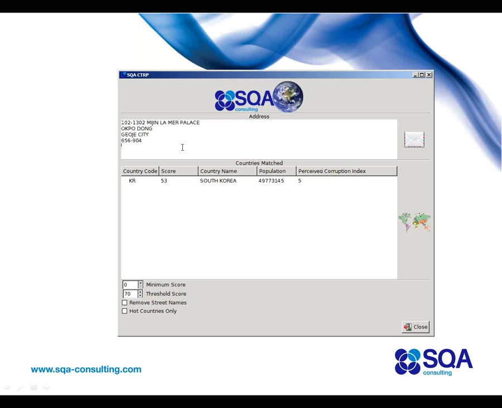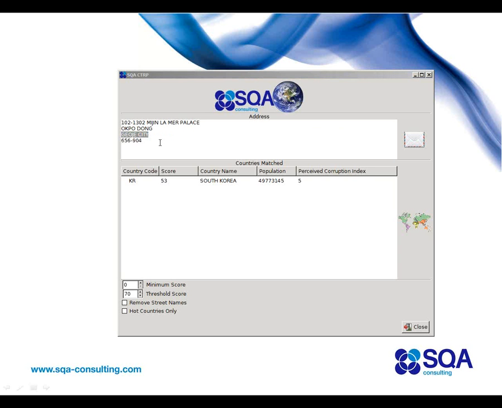Again, this was recorded as being in North Korea, but the address is in South Korea. Jeoji City is a place in South Korea. So we can use our CTRP screening against our country information to identify where we got the country wrong, and we can correct and adjust the risk profile we think we have. Okay, so everything's looking great.